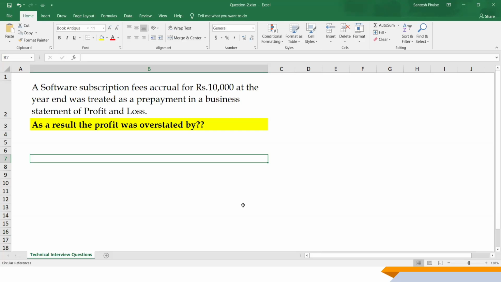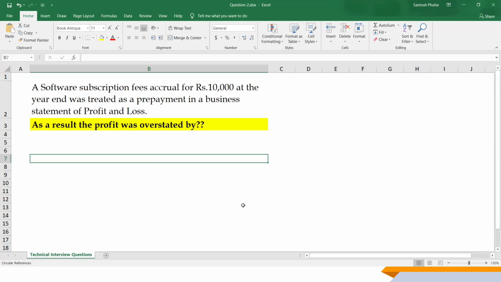So the accrued expense of 10,000 is there, which we have to book in the system. But instead of taking that as an accrued expense, it's treated as a prepayment in the statement of profit and loss. Due to this, what's the impact on our profit?